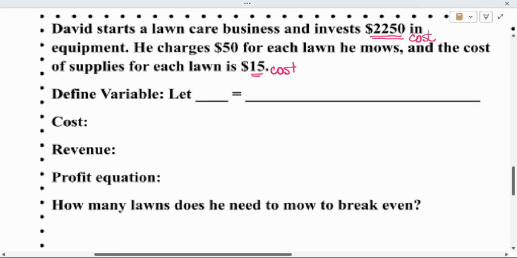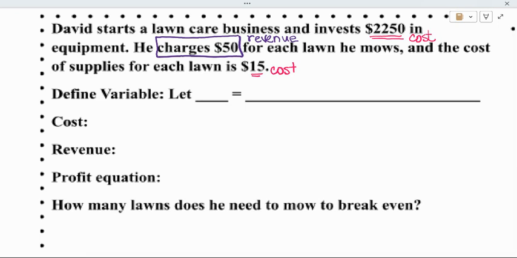What does our revenue look like? Yeah, the $50 that he charges each person for their lawn, right? So this amount of money that he charges, this is our revenue. So how is he coming up with his charge?